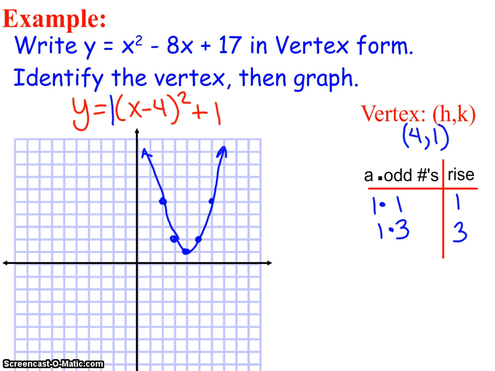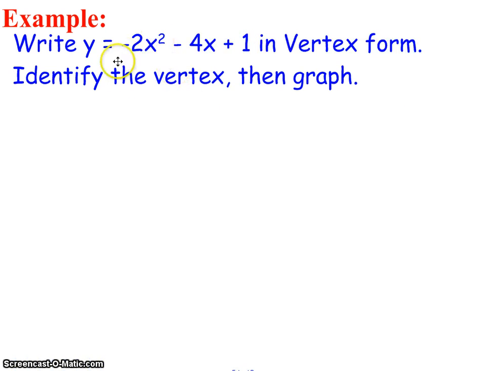Okay, what would happen if I have a number in front of x squared? Remember that when we did completing the square, in order to half and square your b, a has to equal what? Do you remember? It has to equal 1, right?